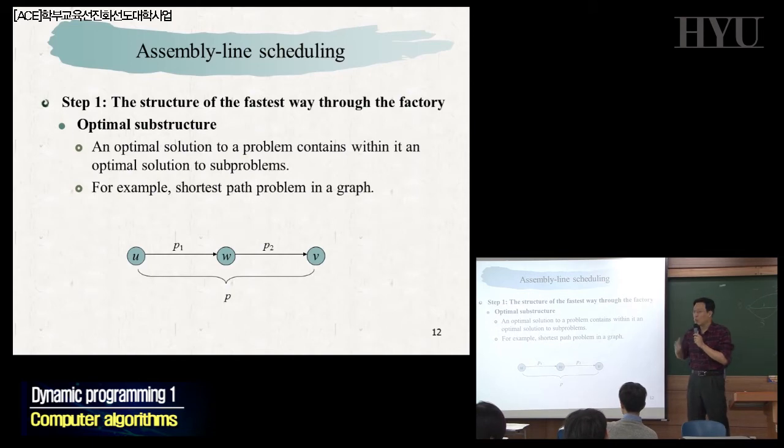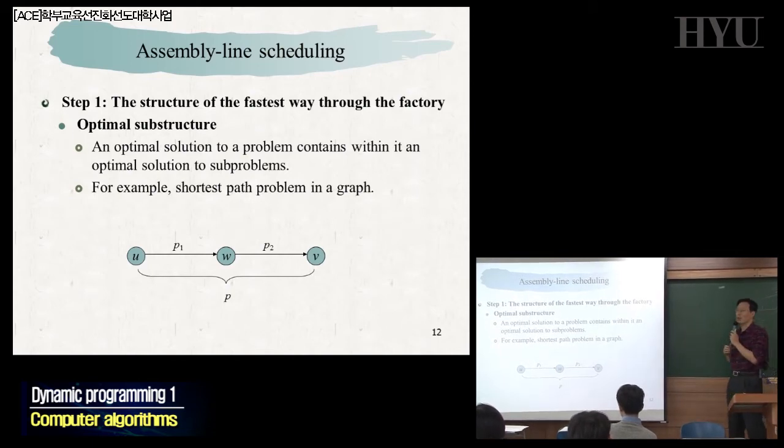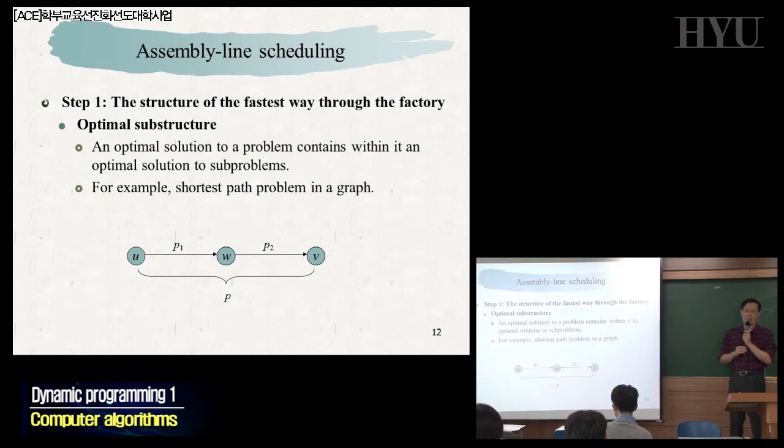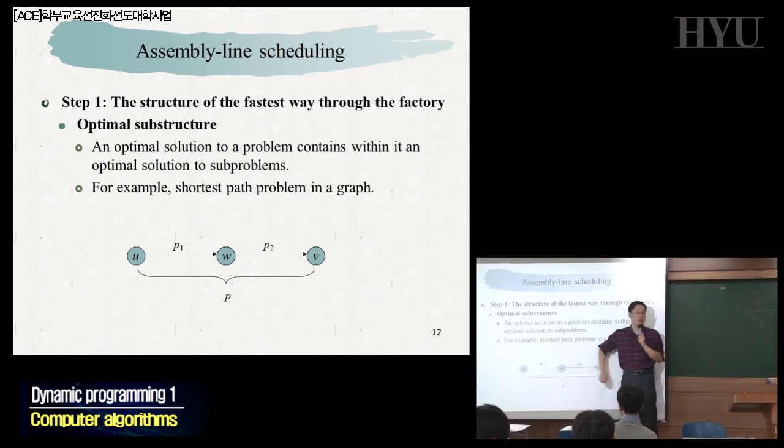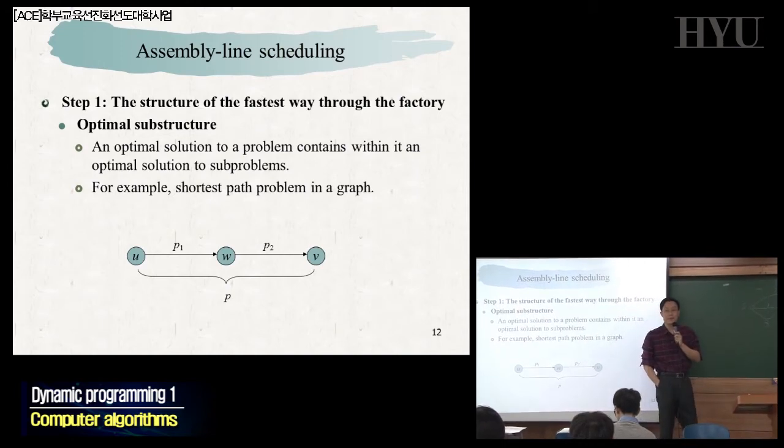So both P1 and P2 are shortest paths. And this is true for all subpaths of P. That is the optimal substructure.